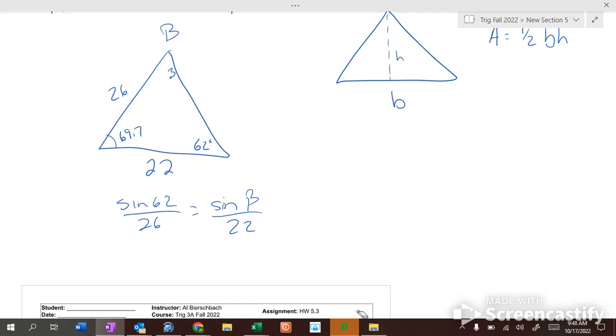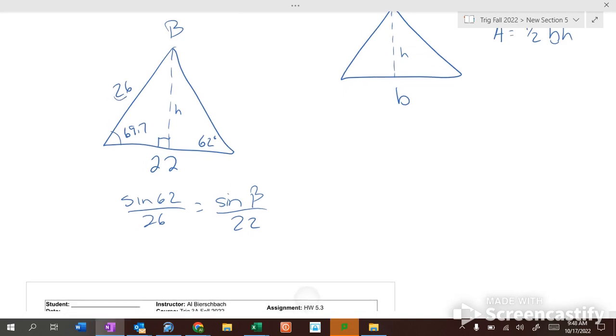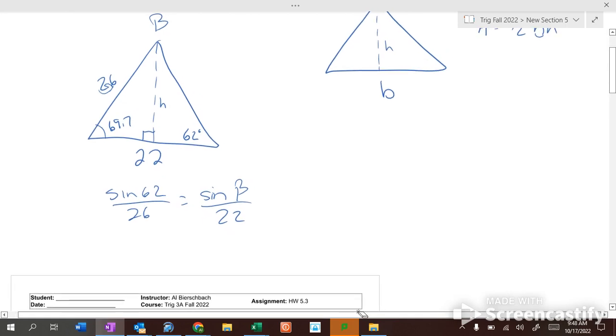Well, I'm going to erase this 48.3 for right now. I'm going to draw in the height. Now, the height is always perpendicular to the base, right? Okay, so if we have this angle and we have this side, we can figure out the height because in a right triangle, we have SOHCAHTOA.